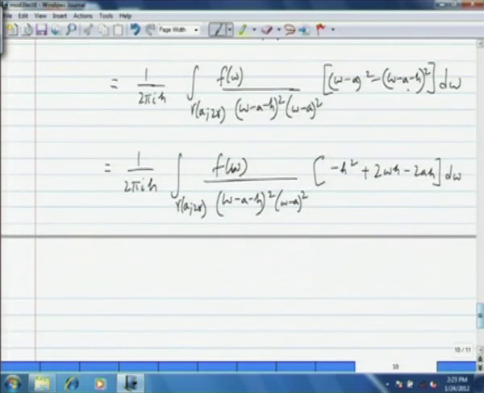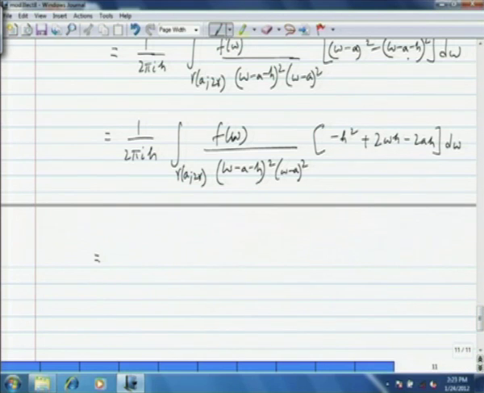What I will do is factor out an H, so that I can cancel with the H in the front here.